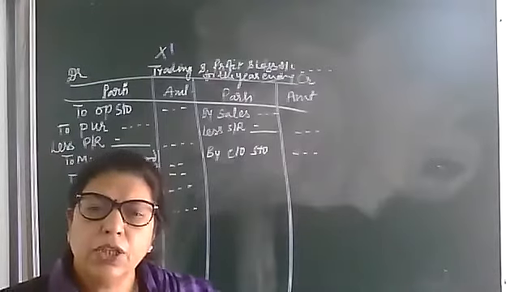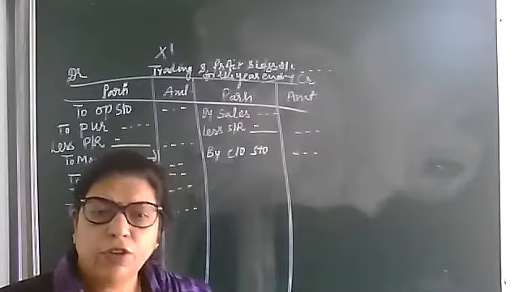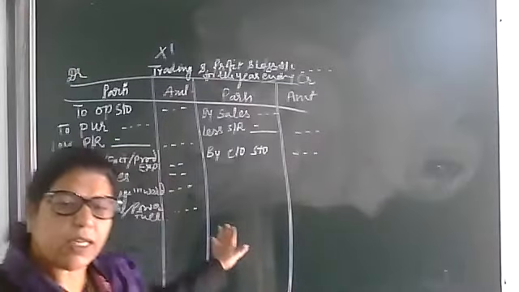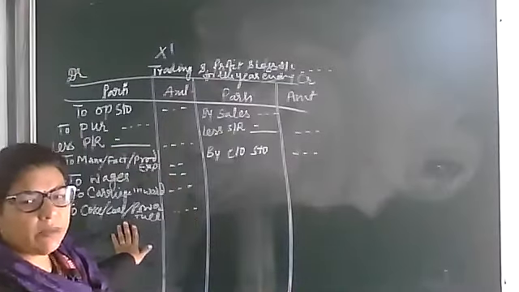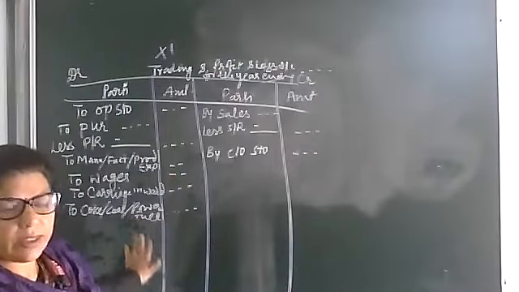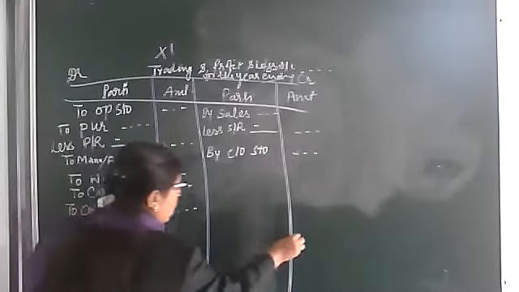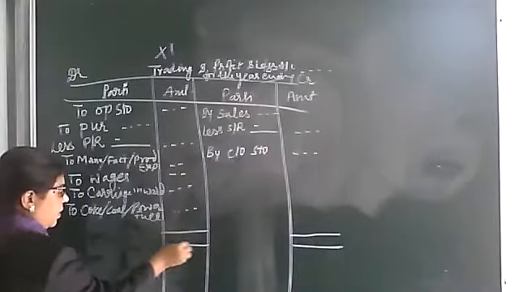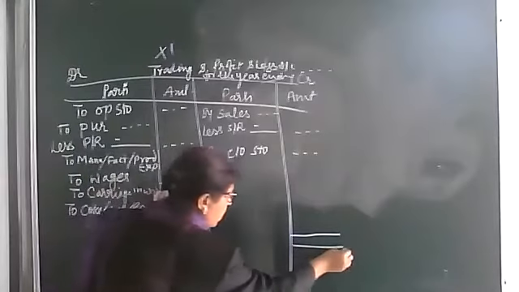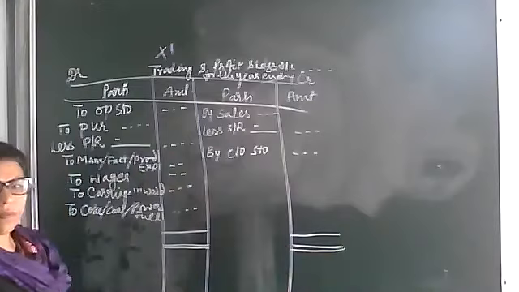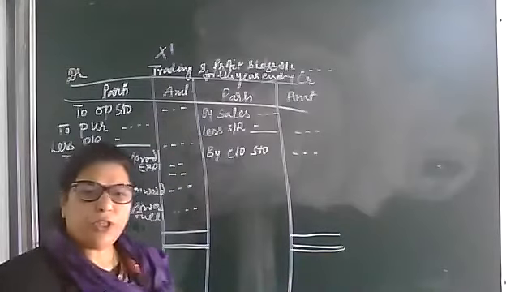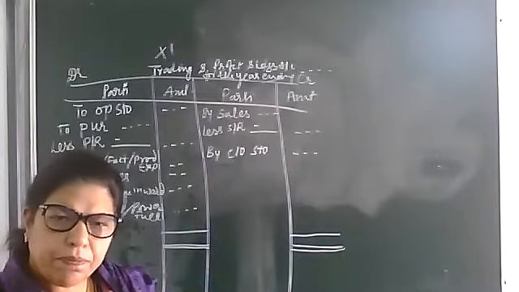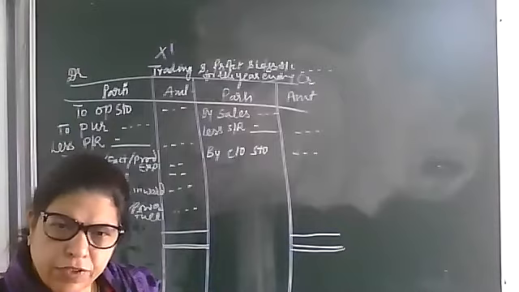Now what to do? Last step. Total both sides, find out the difference. If the difference is on the debit side, it will be termed as gross profit. Clear? See, you will do the total in the rough column and find out the difference.